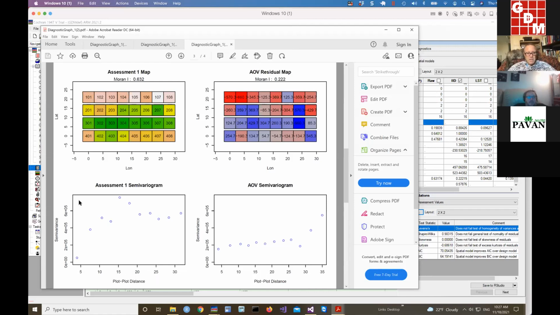So it's kind of the inverse of a correlation plot. Plots that are close together are much more correlated than plots that are further apart. That's how we interpret the semi-variogram, and that complements Moran's I in a measure of correlation. This dependency structure is less when we account for the 2 blocks as separate effects.